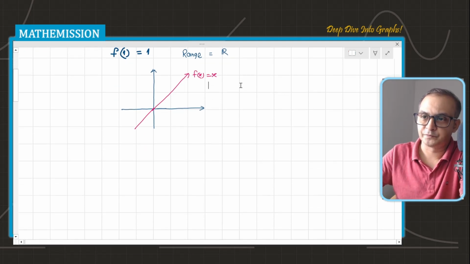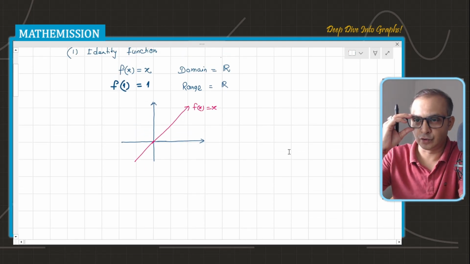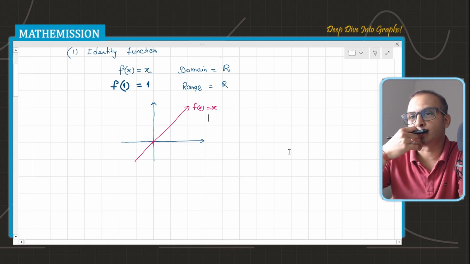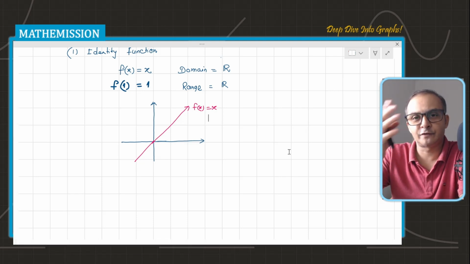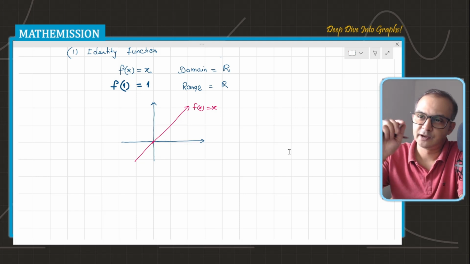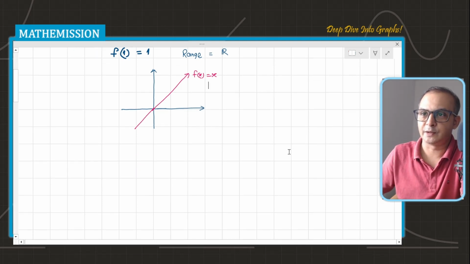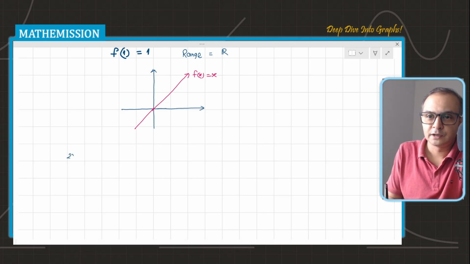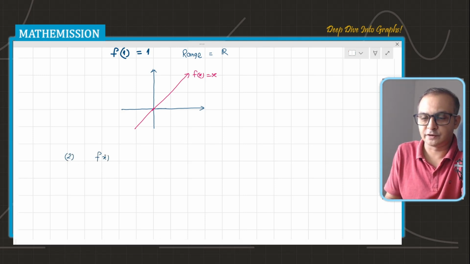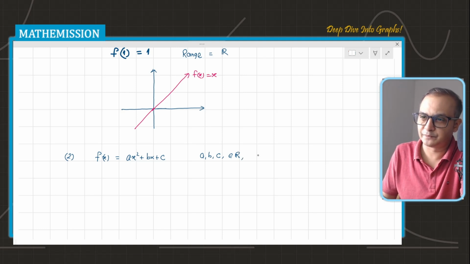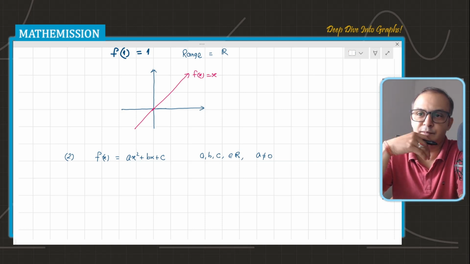The second kind of function I want you to notice is the quadratic function. I'm not talking about the general quadratic function. Like if you know that I have a function f(x) is equal to ax squared plus bx plus c, where all a, b, c are real numbers, and of course this a cannot be 0, otherwise the function will become linear.